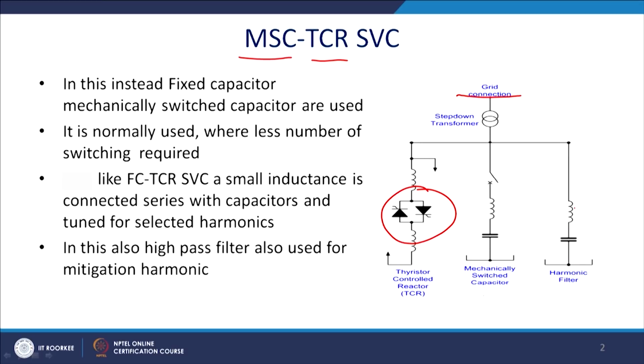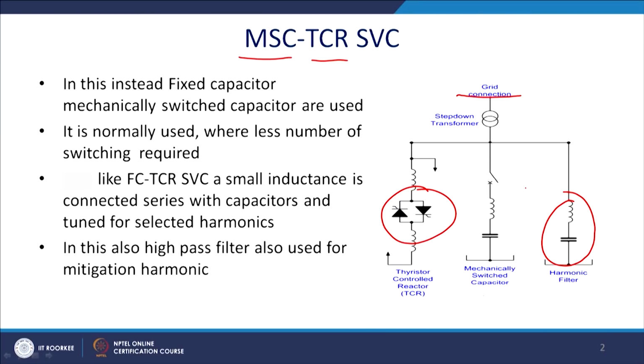And there are harmonics, because the TCR will generate some amount of harmonics that will be suppressed by this harmonic filter. So, this kind of combination is called MSC TCR SVC.